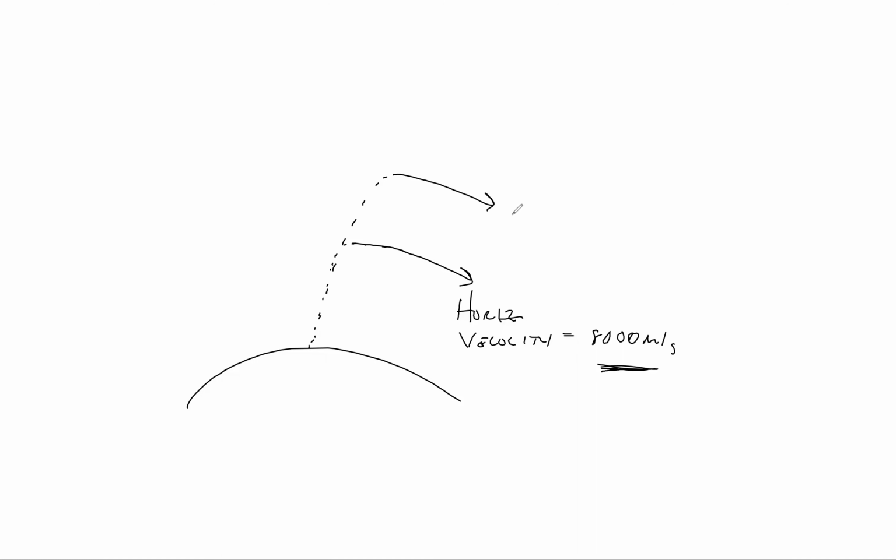It's still got to be pretty fast, but it can be less the farther you get. The moon does not travel 8,000 meters per second around the Earth. It's going slower because it has a bigger radius, so Earth's gravity is not pulling on it with the same force. Okay. All right.